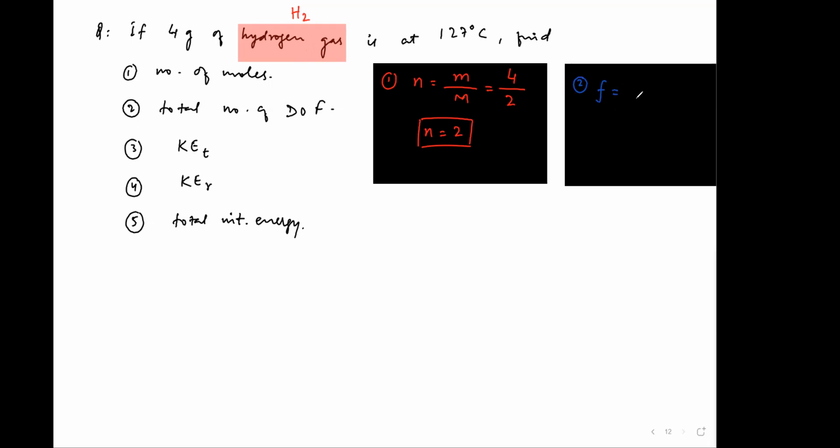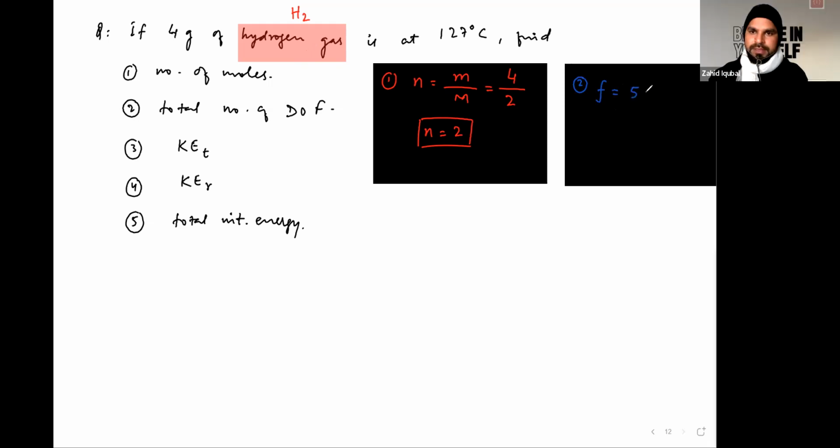Good. So in one molecule, it will have 5 degrees of freedom. So just multiply it by the number of particles it has. The number of particles is the number of moles multiplied by the Avogadro number.